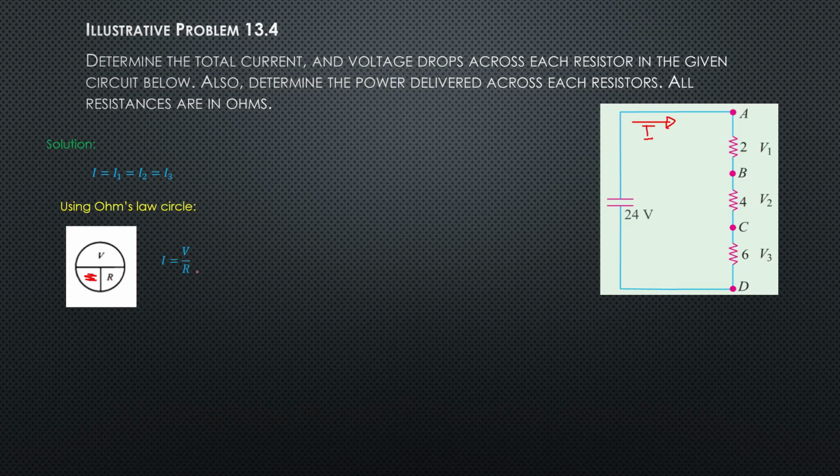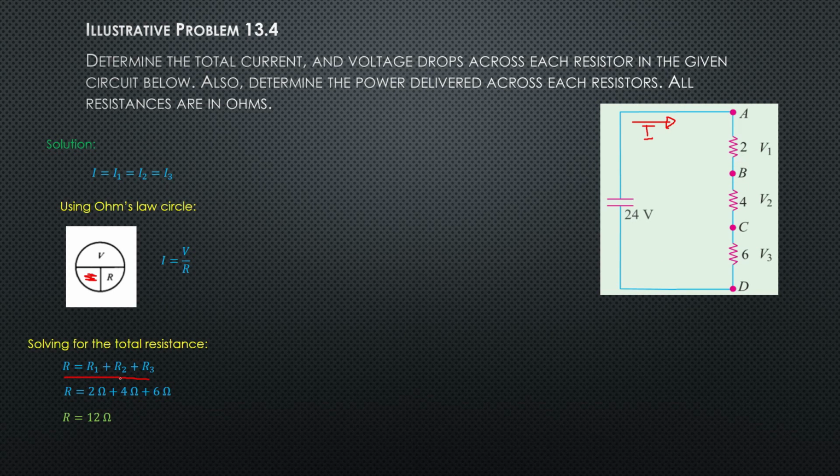Now solving for R, you need the total resistance. Resistances in a series connection are additive, right? Solving for the total resistance, R will be equal to R1 plus R2 plus R3.